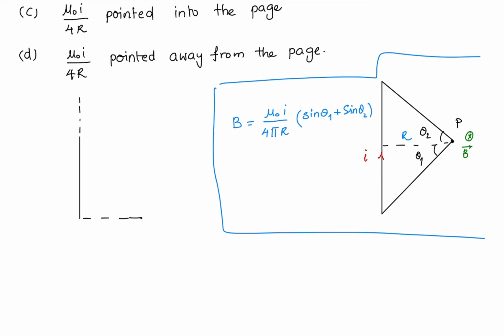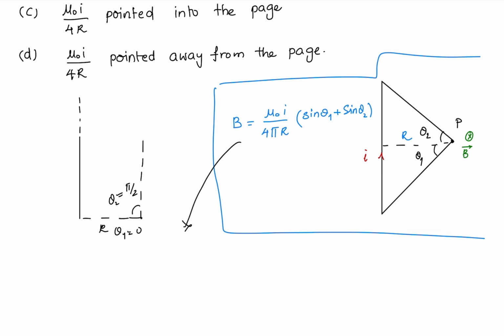At this point, which is at a distance R, if we are supposed to calculate the magnetic field, here it is extended till infinity, so the angle theta 2 will become pi by 2, and theta 1 will become 0.